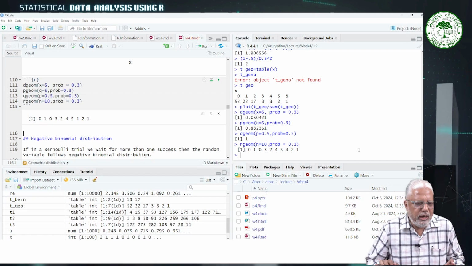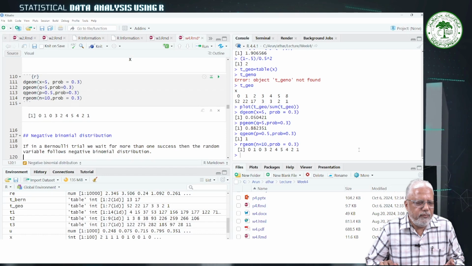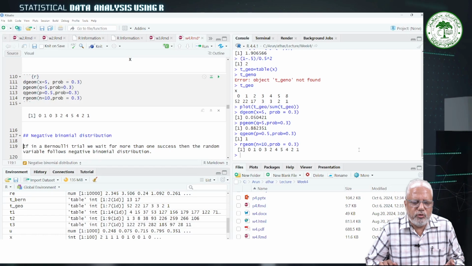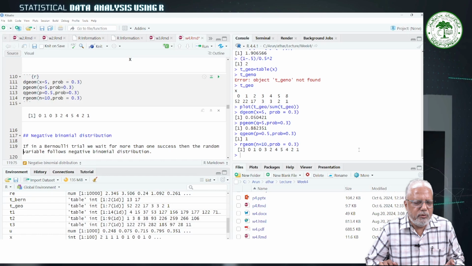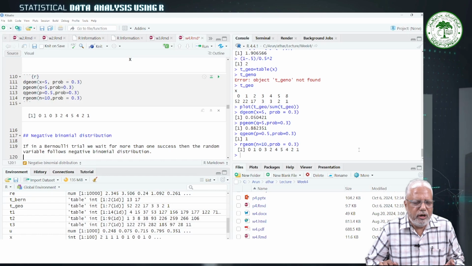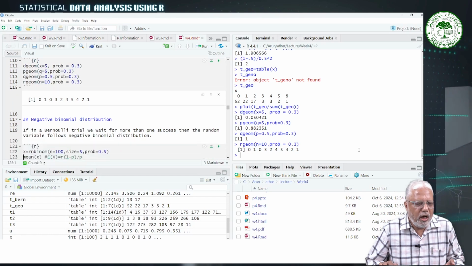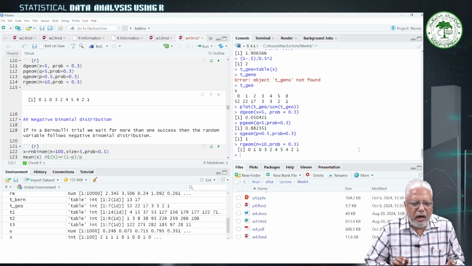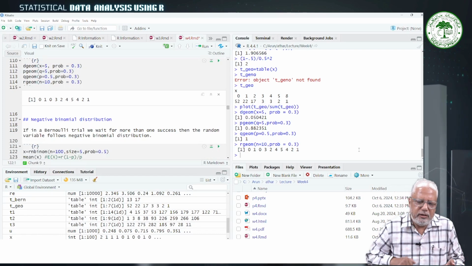But theoretically, if in a Bernoulli trial we wait for more than one success, then the random variable follows the negative binomial distribution. In R it has been implemented differently.